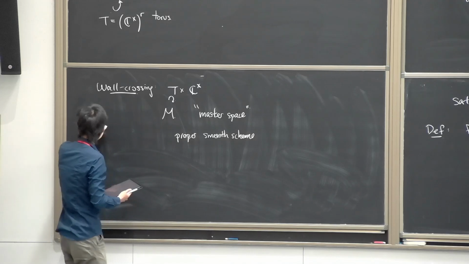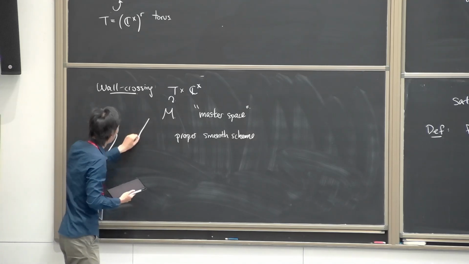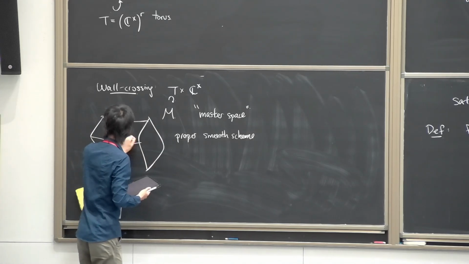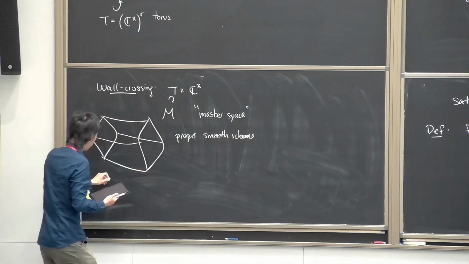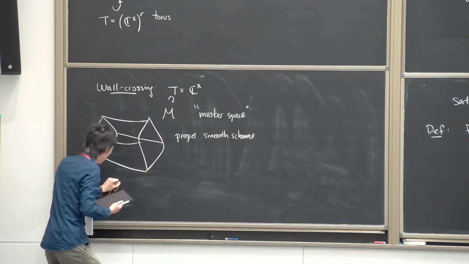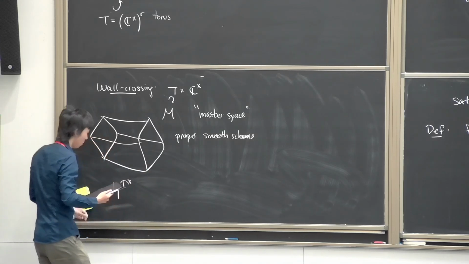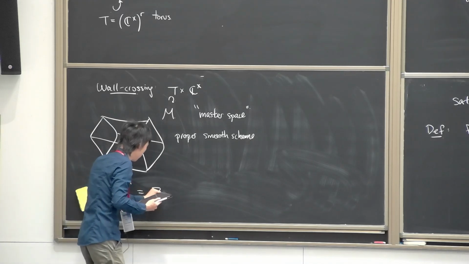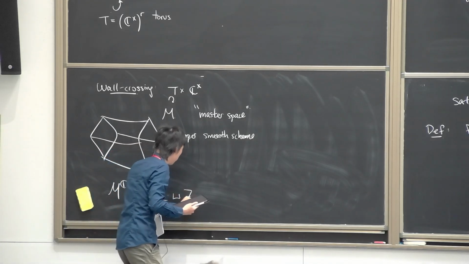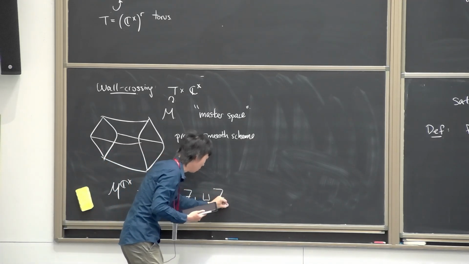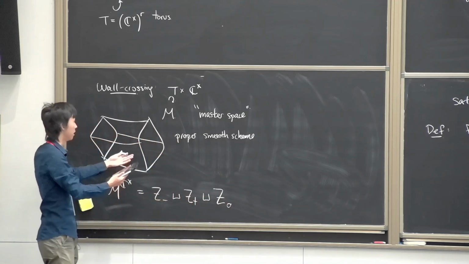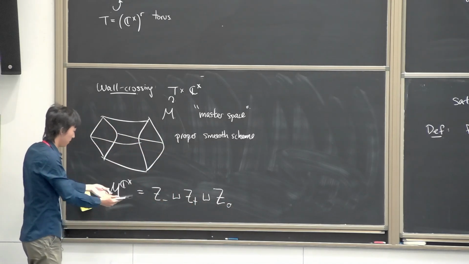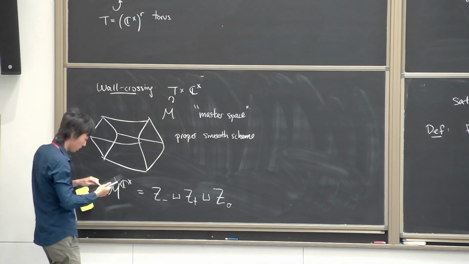And this master space will roughly look like this. The C star fixed locus, M C star fixed locus, will have three pieces, Z minus, Z plus, and Z naught. Okay, so this is part of what the master space should look like.